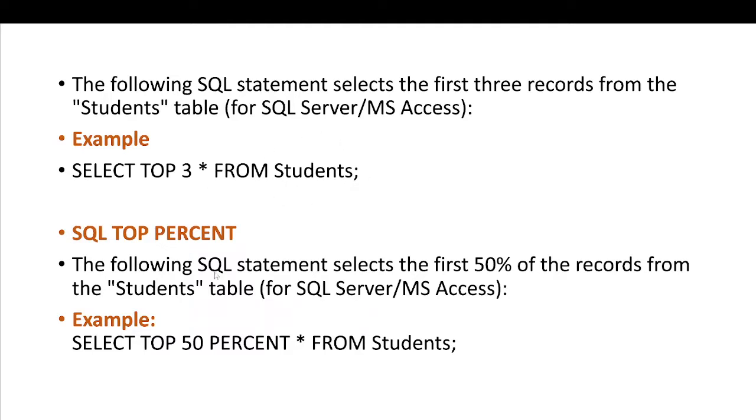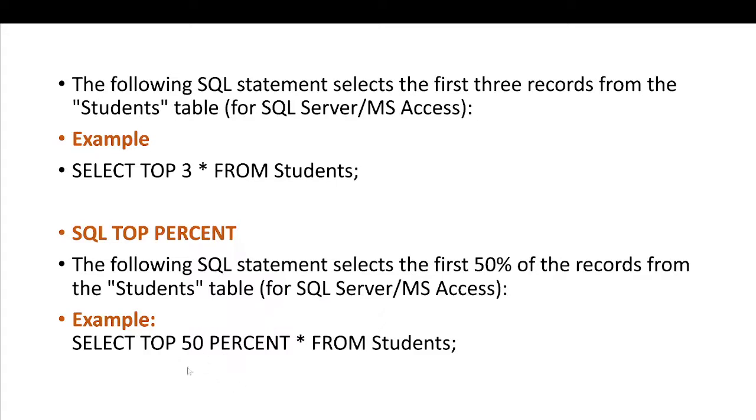Another example, TOP PERCENT. If there are 10 records in a table and you give SELECT TOP 50 PERCENT * from the table name, here the table name I have given is students, it will give the top 5, because in 10, 5 is 50%, right?